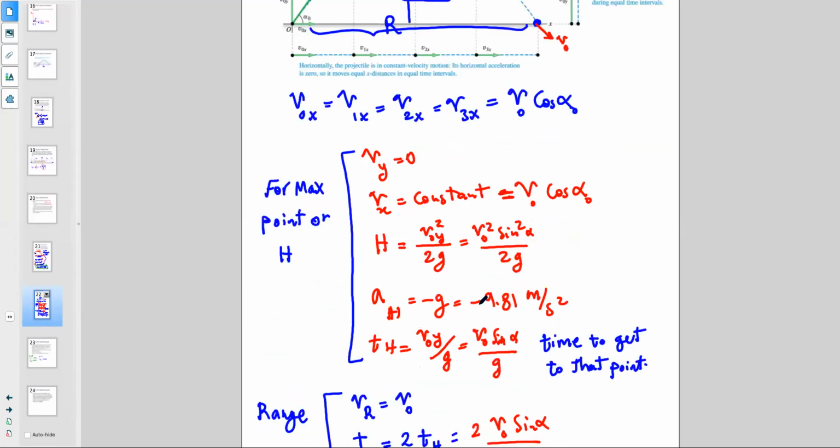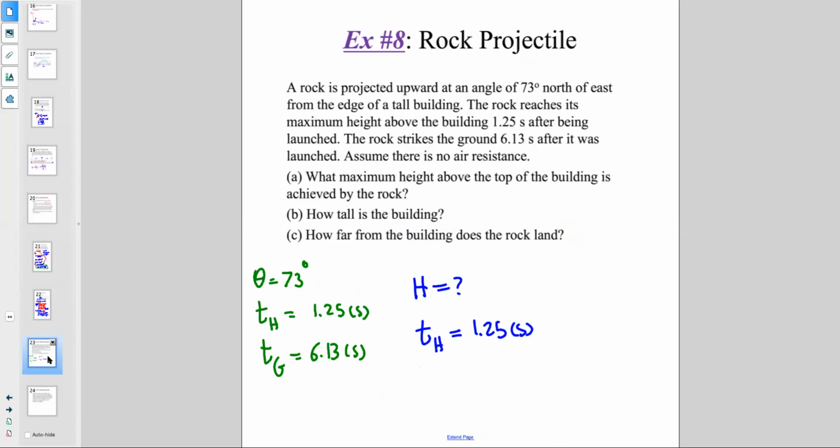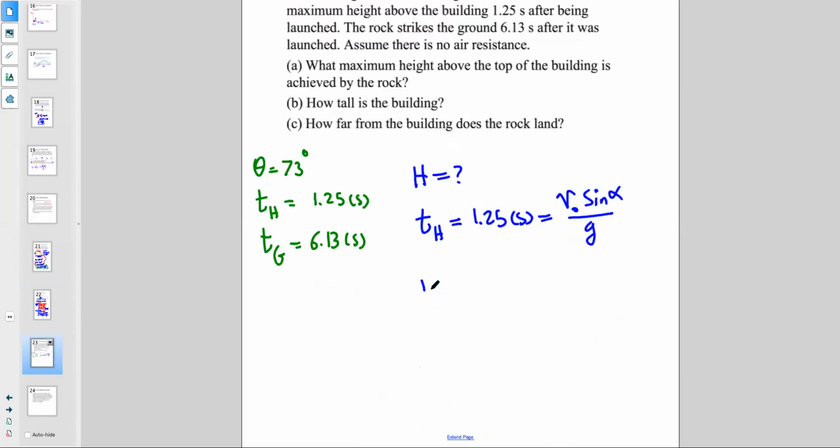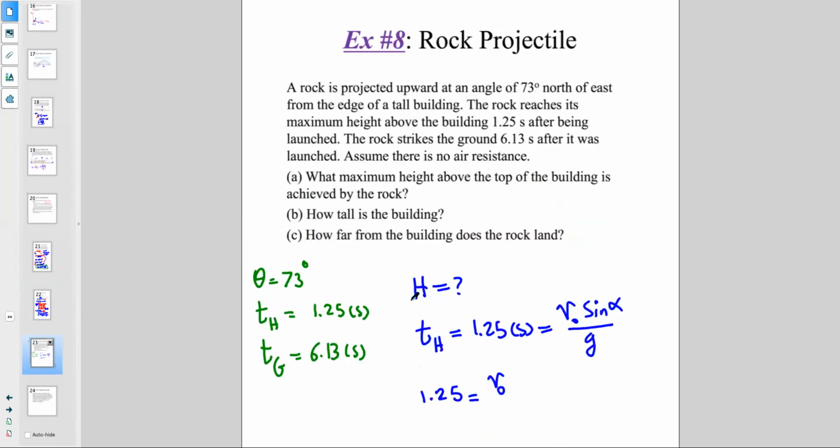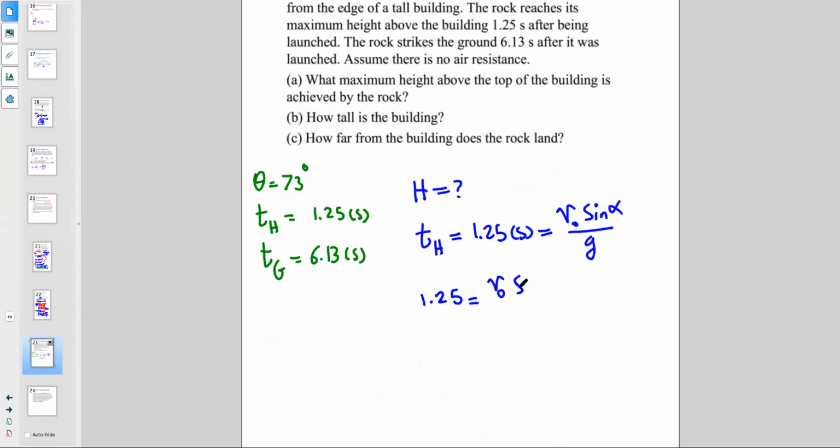So the t of h is v0 sine alpha over g. So 1.25 is v0, which we don't have, okay, times sine of alpha, which is sine of 73 degrees, over g, which is 9.81.